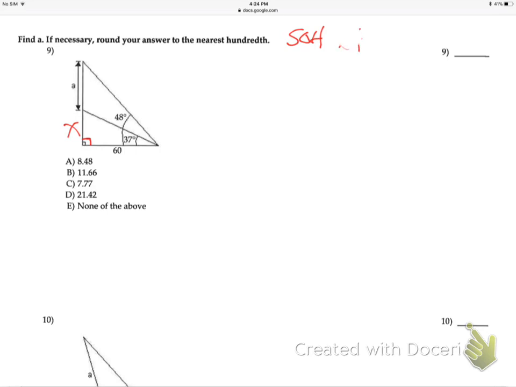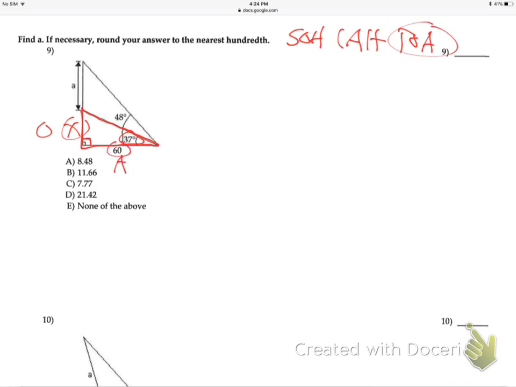SOHCAHTOA. You don't have to use law of sines or law of cosines, although you could do this problem with law of sines also. I think it'll be easier to just say, look, 37 degrees is the angle in this little triangle first, and this is opposite over adjacent.